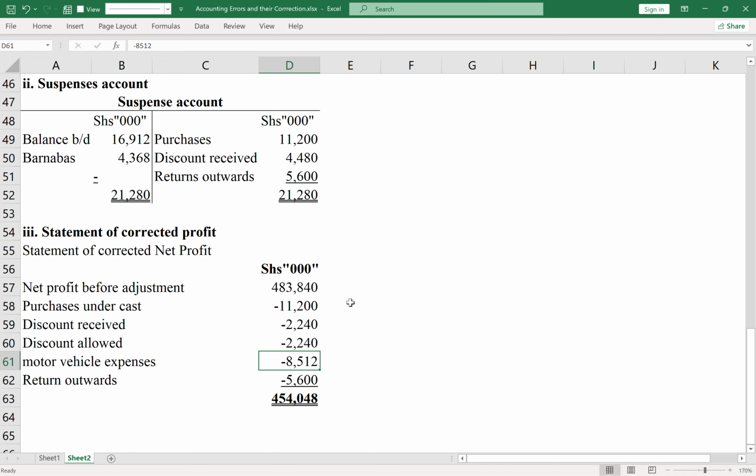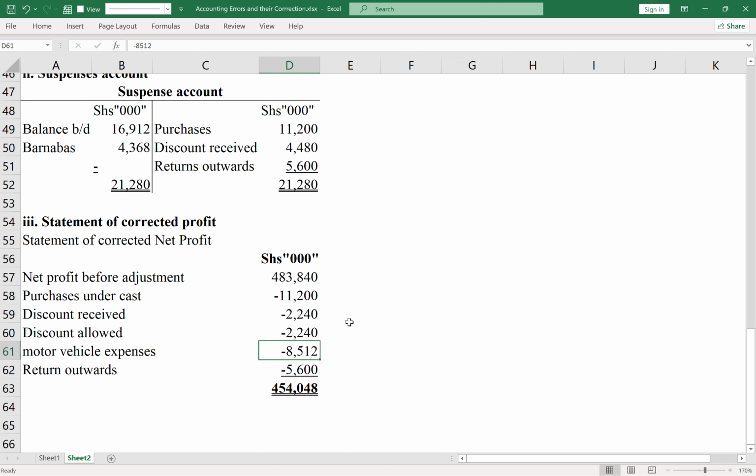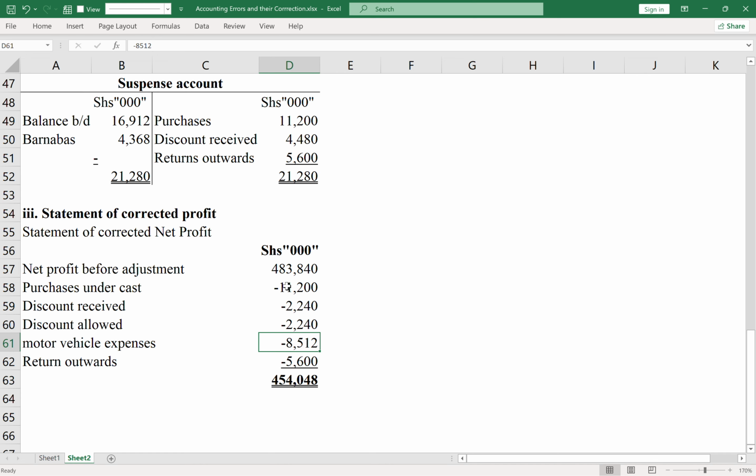The 3 zeros will cater in terms of millions. So when you subtract all this, you get 454,048. So this is our corrected net profit.